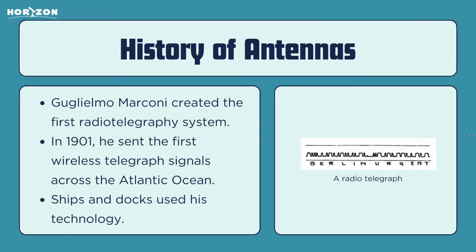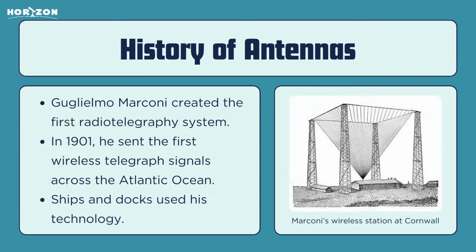So that's how they would communicate. And this is the station at Cornwall, which he used to send the first wireless telegraph signal across the Atlantic Ocean. After this, ships and docks began to use his technology for communications.